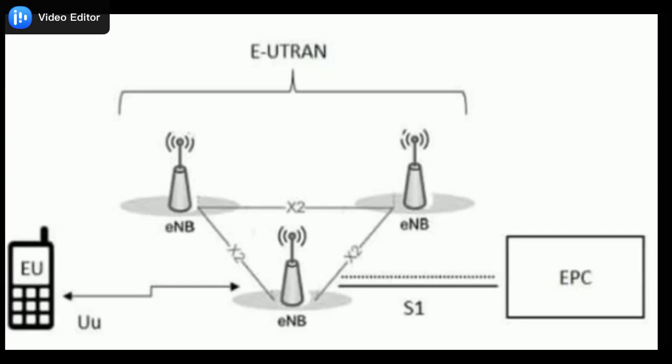The base station that is communicating with a mobile is known as its serving eNodeB. An LTE mobile communicates with just one base station and one cell at a time, and there are the following two main functions supported by eNodeB.